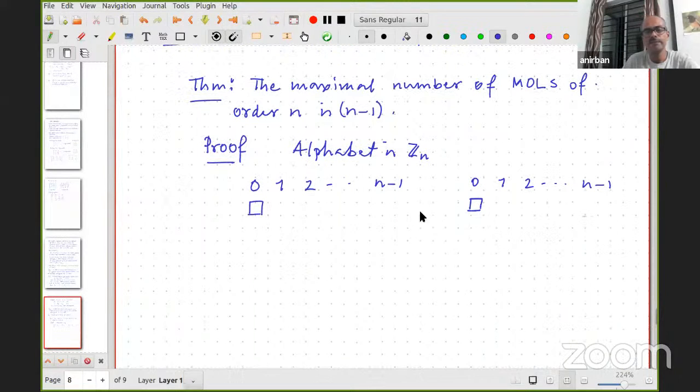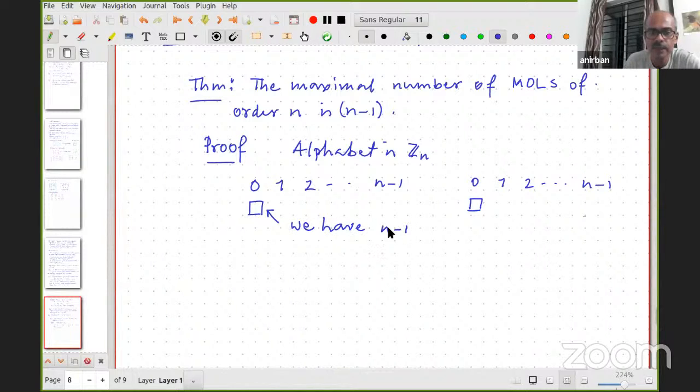Suppose we have many such. I just wrote 2 such, so we have many such mutually orthogonal Latin squares. So what do we put here? We can't have 0 here, simply because we can't put 0.